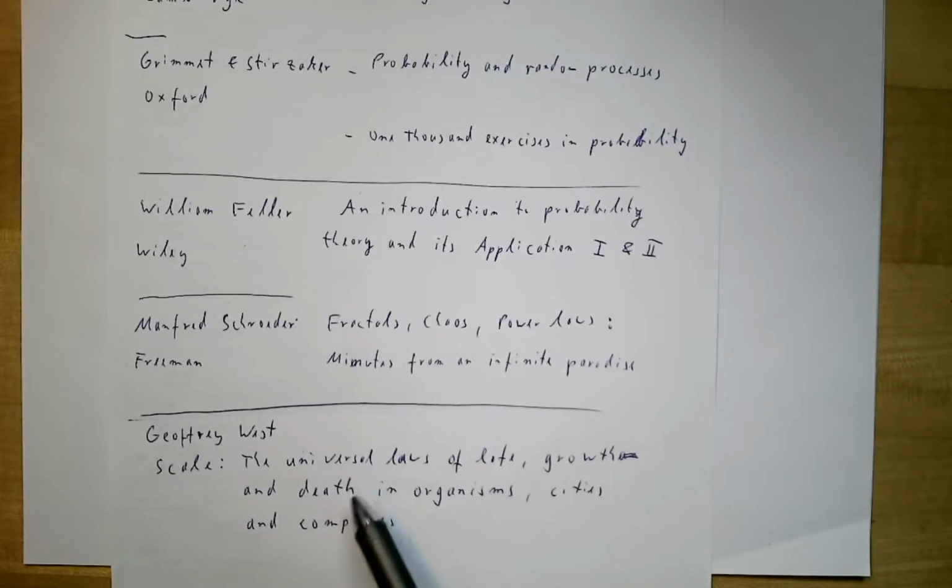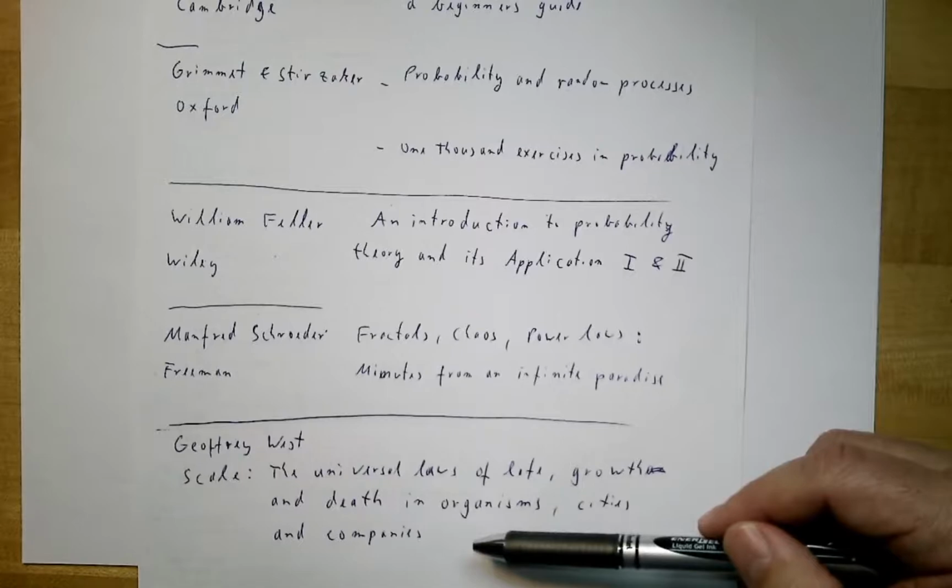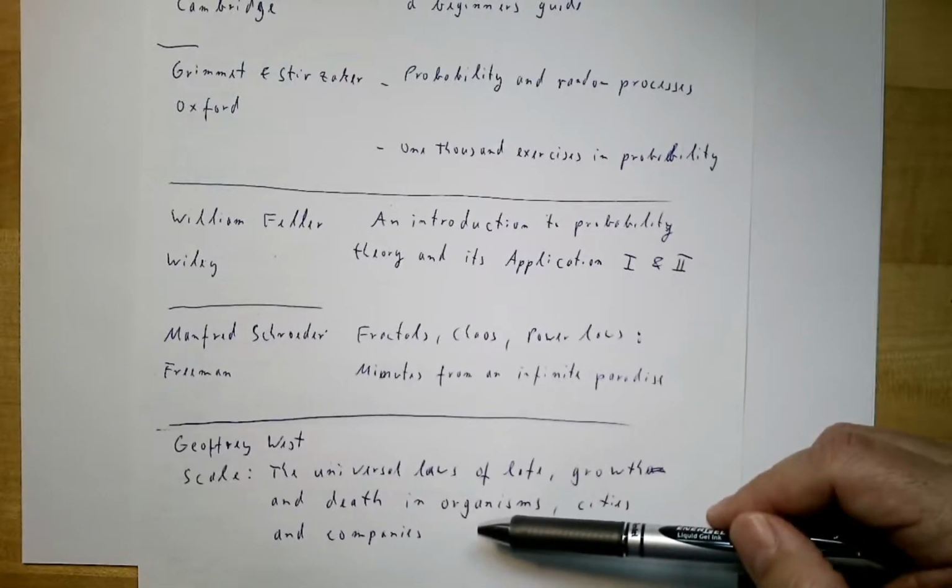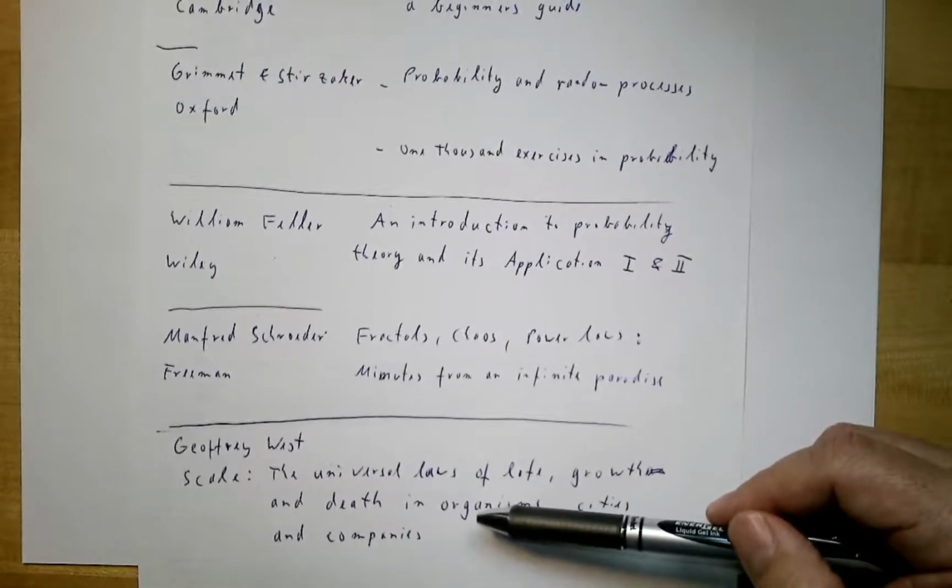That's more in layman's terms, a book about things we will cover in the second part of the lecture about scaling and applications in metabolic theory, in cities and so on. So this is some literature. During the lecture maybe I will give you some other things, but if you want to read something, here you have some literature.